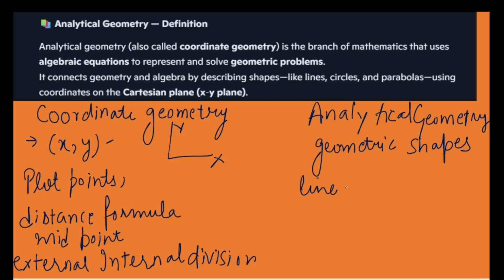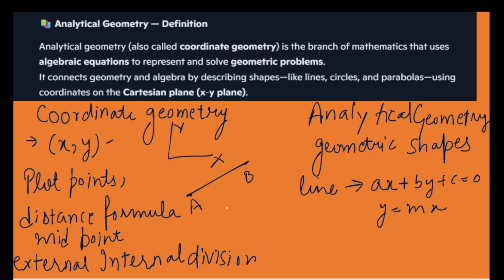Like if we are going to represent a line in coordinate geometry, that would be represented like this, a line segment. But here in analytic geometry, that would be represented by an algebraic equation like ax plus by plus c equal to 0 or y is equal to mx.